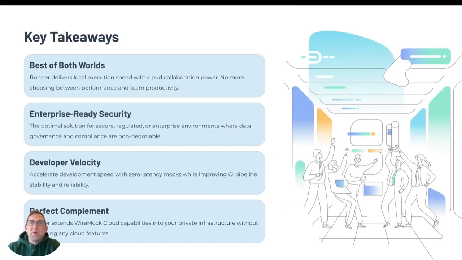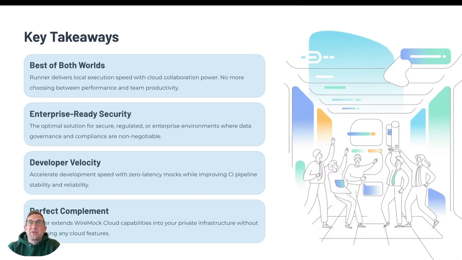So what are the key takeaways from this demonstration today? With WireMock Runner and WireMock CLI, you get the best of both worlds. You can deploy your mock APIs to the fully hosted SaaS and have them reachable to any environments that can communicate to the public internet. You also get all the additional collaboration and extended features that WireMock Cloud has to offer, including data sources and stateful mocking, chaos, just to name a few.